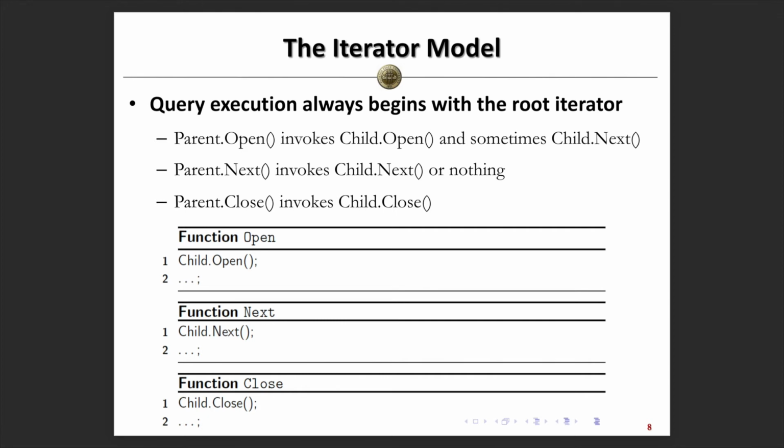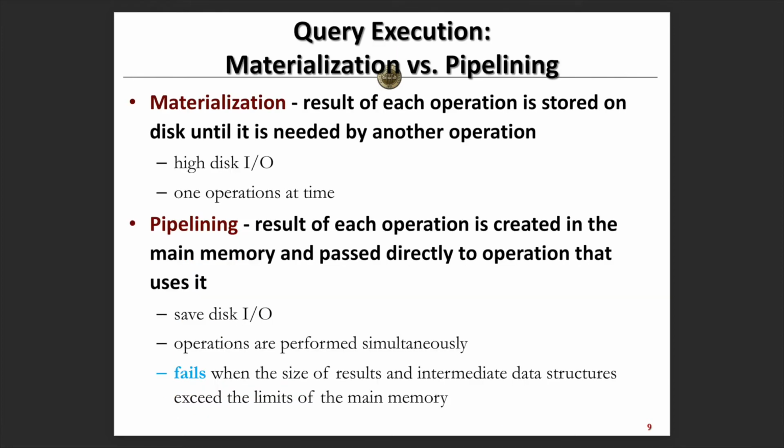So for executing the queries, we actually have two different mechanisms. The first one is called materialization, and the second one is called pipeline. There are two different ways of executing the queries. For the materialization mechanism, the result of each operation is stored on the disk until it is needed by other operations.